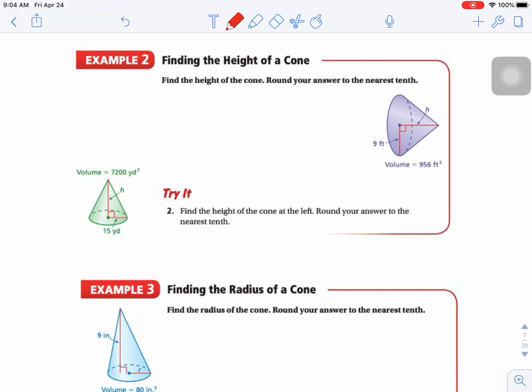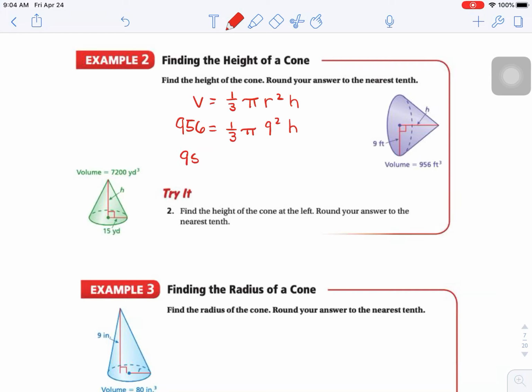Using that same formula, now we're going to work backwards to find our missing height. Again, we know that volume is 1/3 pi r squared h. So let's plug in what we know. 956 equals 1/3 pi, radius is 9, times h.